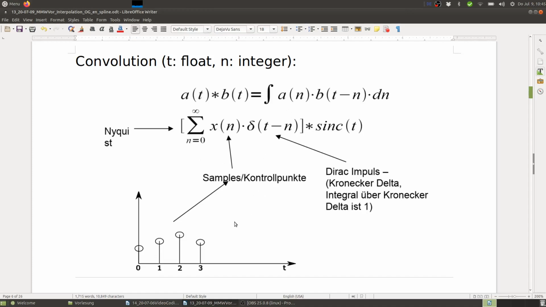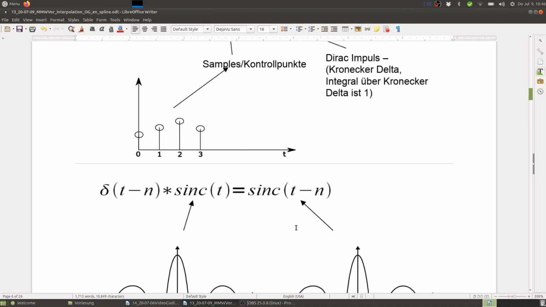Here, this A is simply our sequence of control points as depicted in this picture. Horizontally, we have time, for instance. Here we have the Diracs with those factors of x. Then we take the sequence and convolve it with a sinc function, and as a result each of those samples will be replaced by those sinc functions in their place.